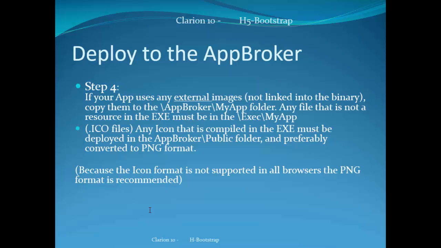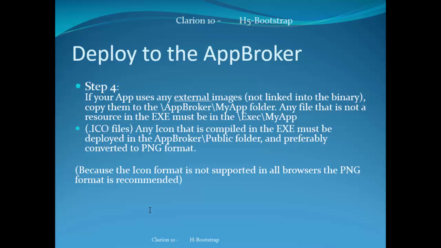If your app uses any external images that aren't linked in as resources into your binaries, then you're going to want to make a copy of those and put them under the exec, your app name, your folder name as well. And ICO files need to be deployed into the public folder, but preferably you'll want to convert those to PNG format.